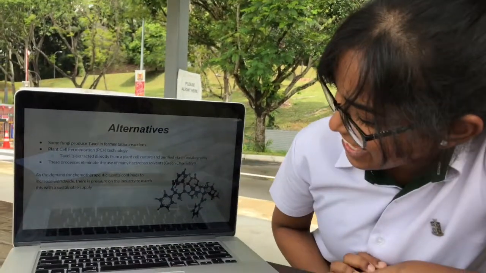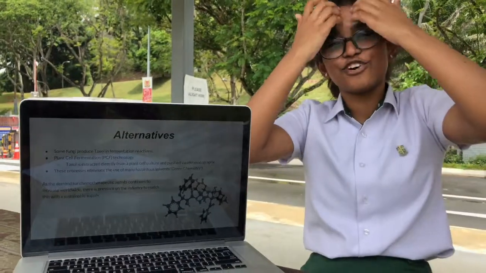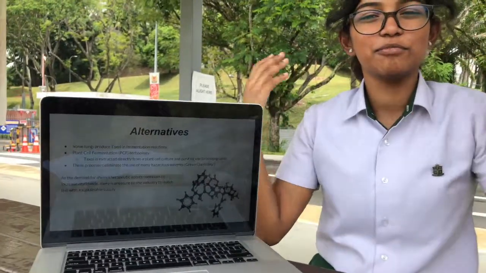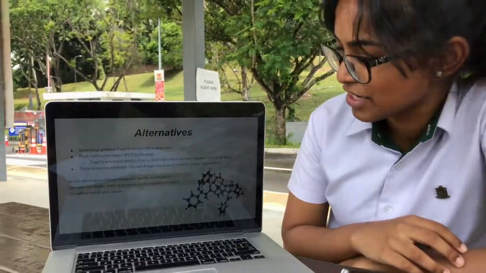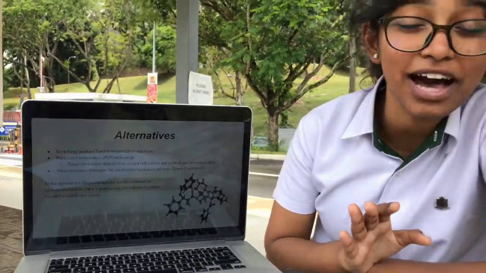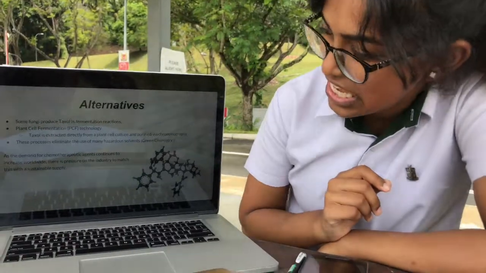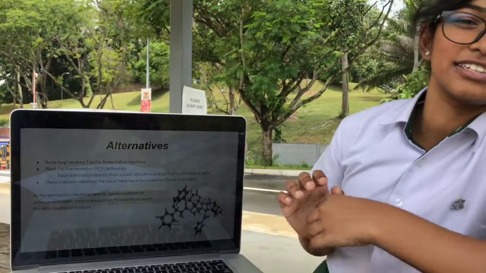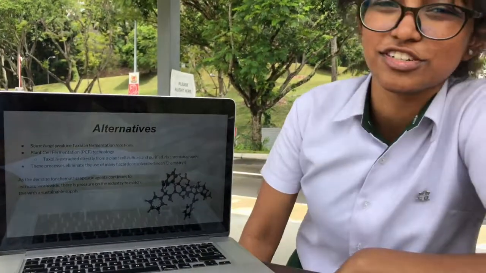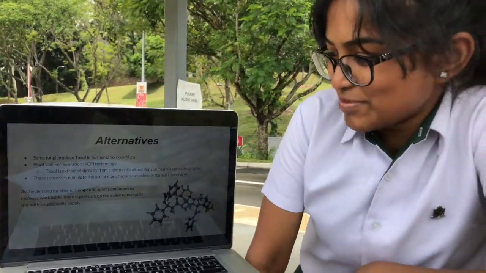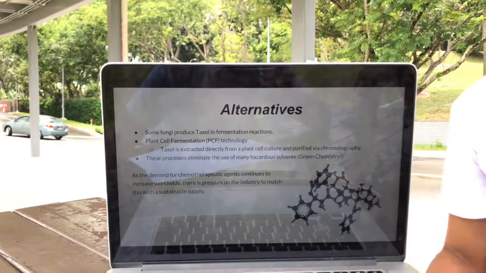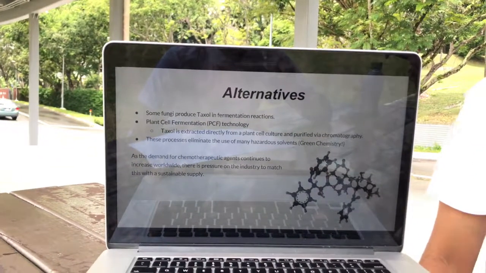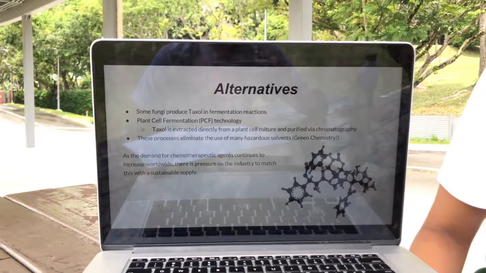It's very important for us to develop more green ways to make Taxol, because the demand for chemotherapeutic agents is always increasing, because more people are getting cancer because of lifestyle problems and stuff. So there's a very big pressure on the industry to produce and find a sustainable source of chemotherapeutic agents.